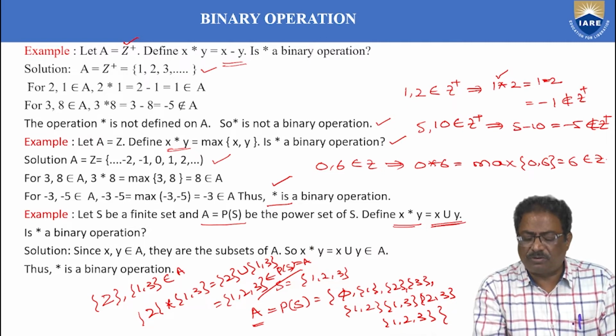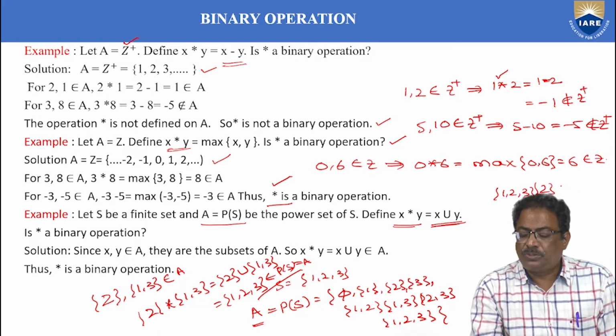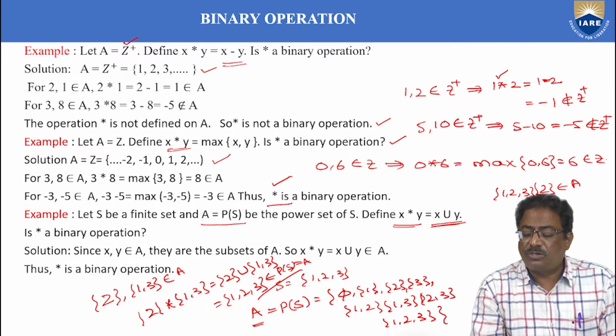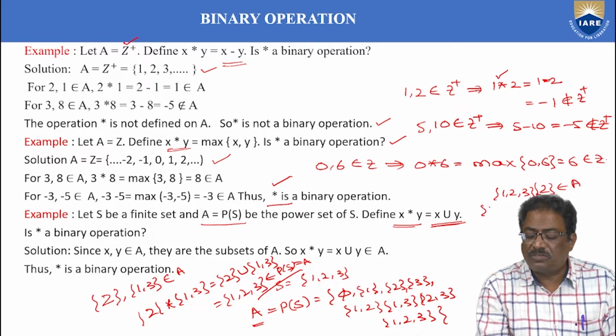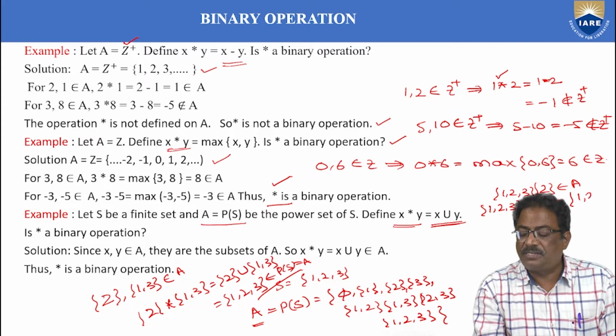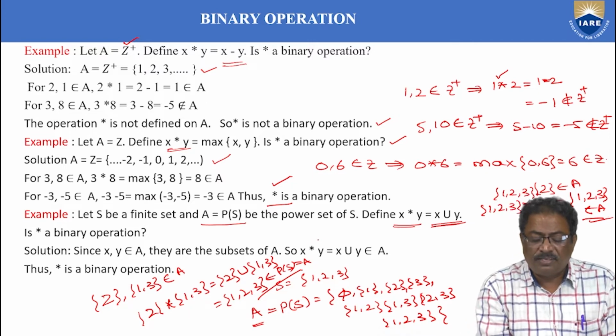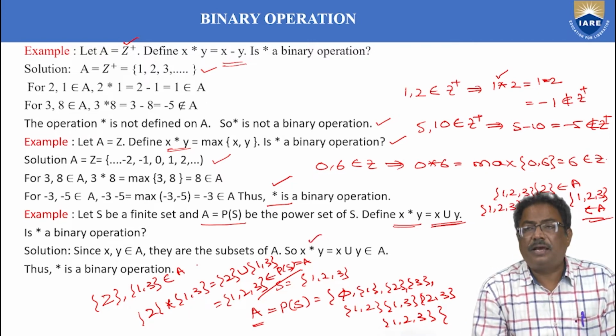Any two sets, let us take 1, 2, 3 and I am taking 2, belong to A. Then star 2 is nothing but the union of these two, which is 1, 2, 3 itself, a member in A. So we can say that this star is a binary operation.